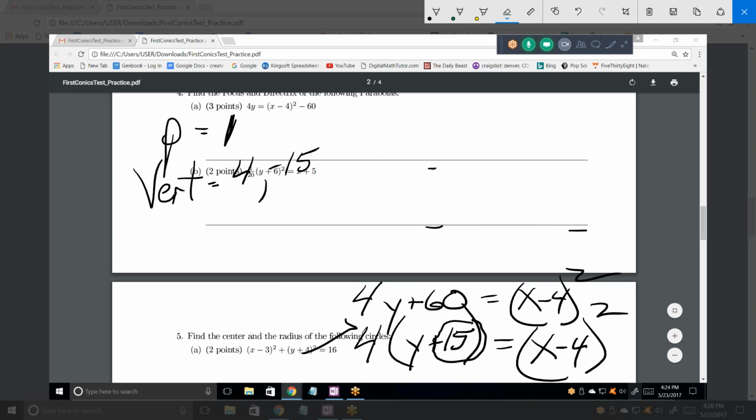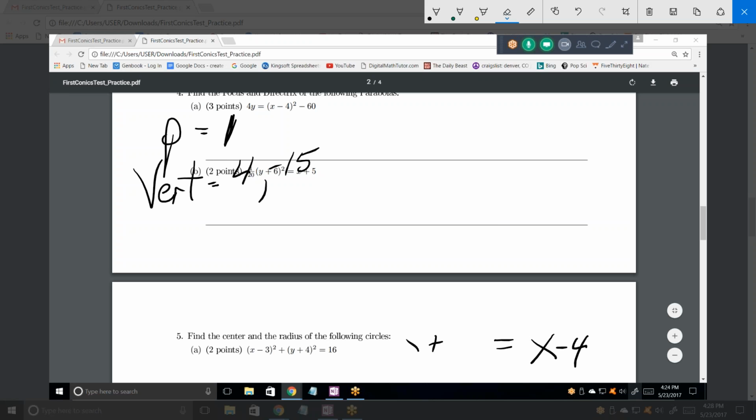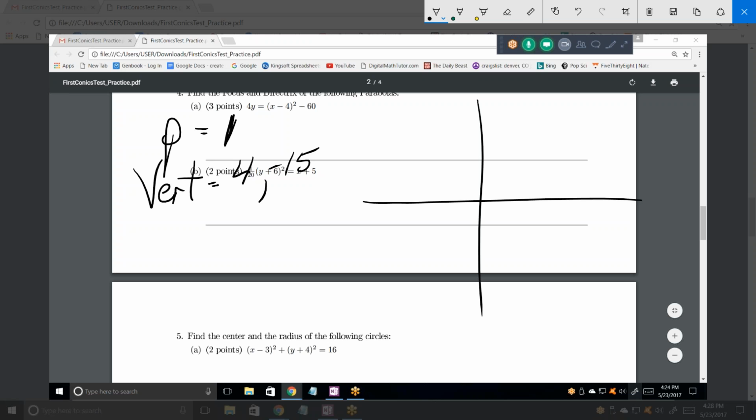Do they want us to graph it? Yeah, find the focus and the directrix. Okay. First of all, this is a y equals x squared, so it is a vertical one opening up. See how I know that?